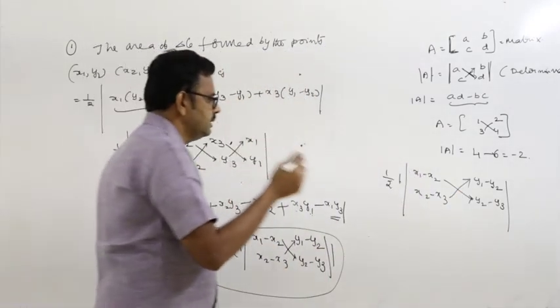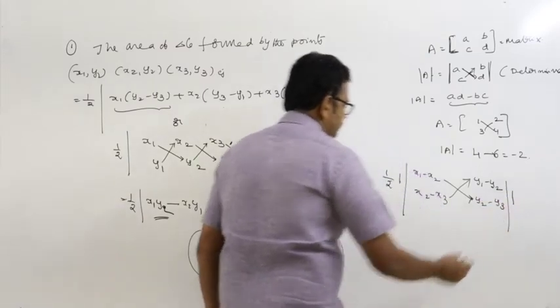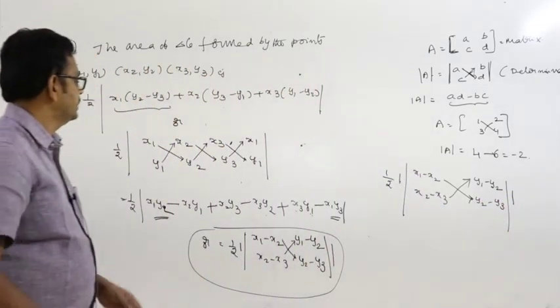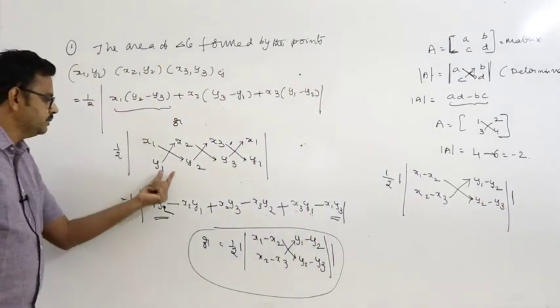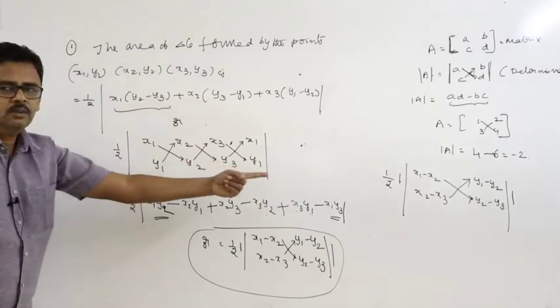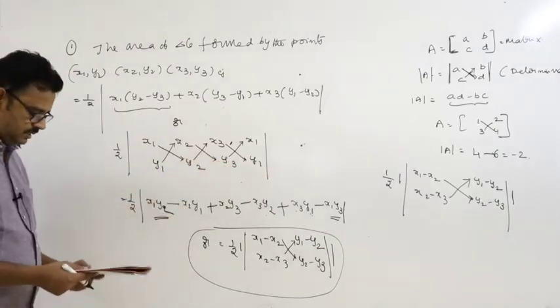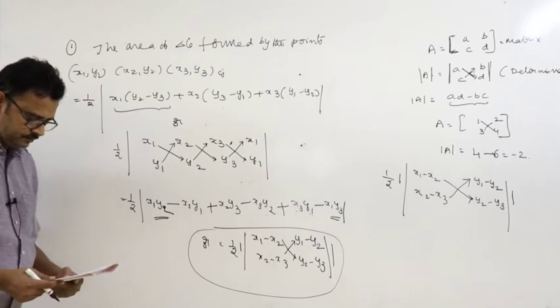That is the area of triangle formula. You can use this formula or the earlier one, or you go through that also. That is area of triangle.